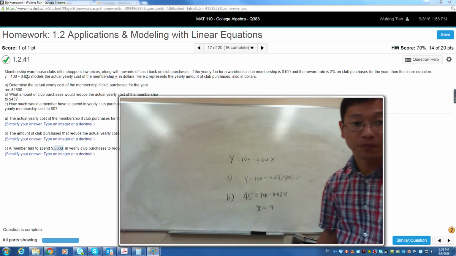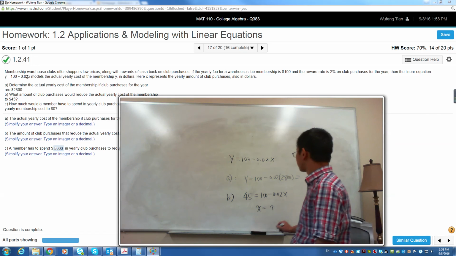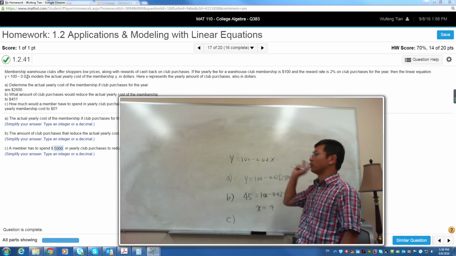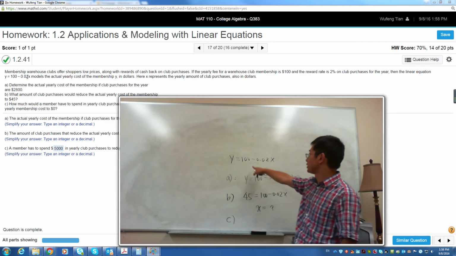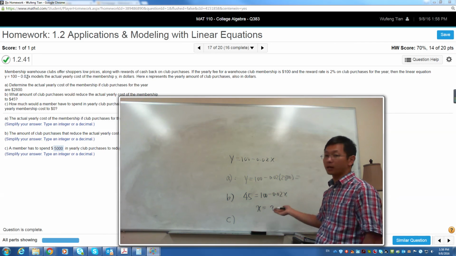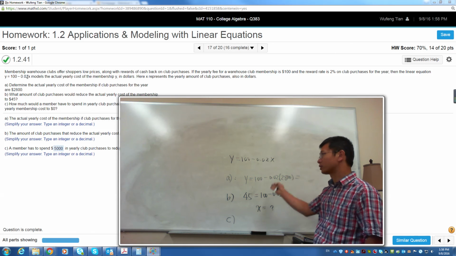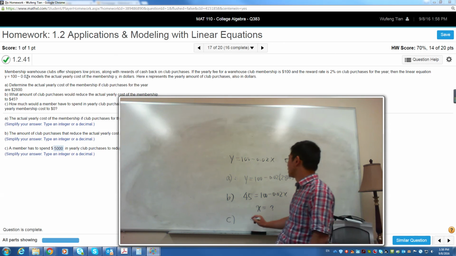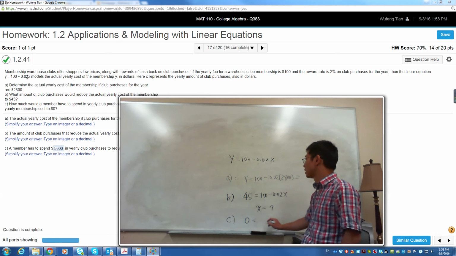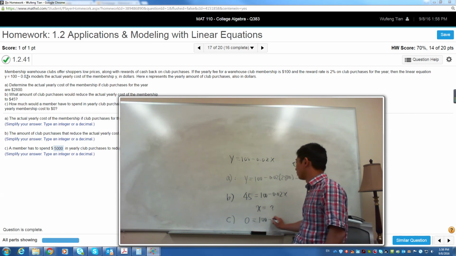C basically asks you how much money you have to spend to offset the $100, which means you have $100 cash back, and you don't have to pay anything for the club membership fee. So basically, it means you pay 0 for the membership fee, and you get 100 minus.